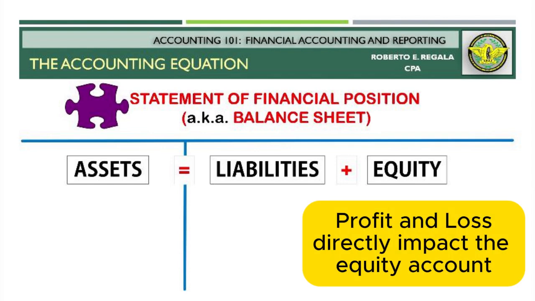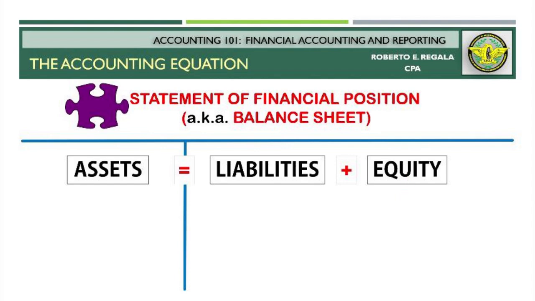Profit and loss directly impact the equity account because they represent changes in the entity's net worth resulting from its operations. Profits increase equity, while losses decrease it. This connection is primarily reflected in the equity element on the balance sheet through summarization of the total revenue and total costs and expenses in the income summary account.